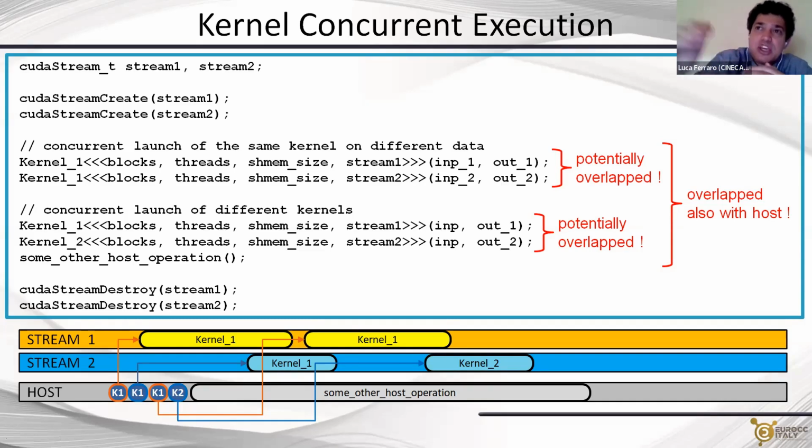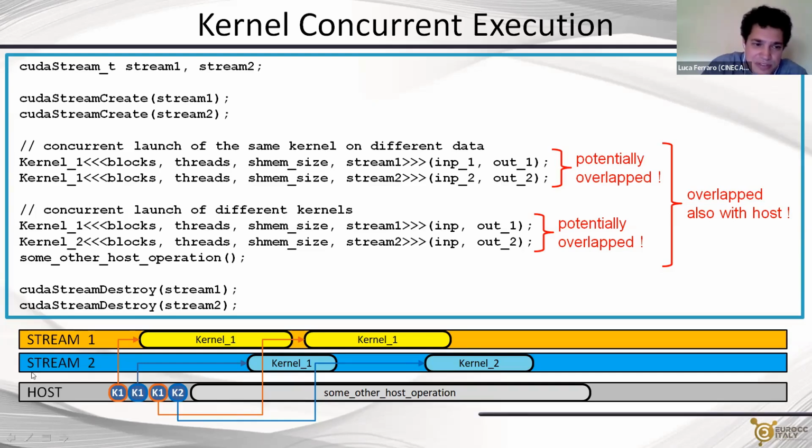So they are just enqueued into the streams, and while they are executing, control keeps returning to the host side. When it just enqueues these operations, it reaches some other host operation immediately to be executed. So there is an overlap with the device, and also some other operation already starting on the host side.